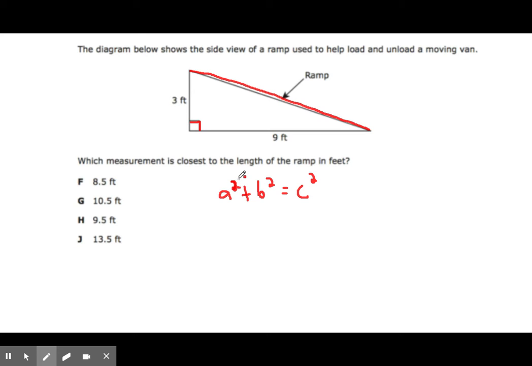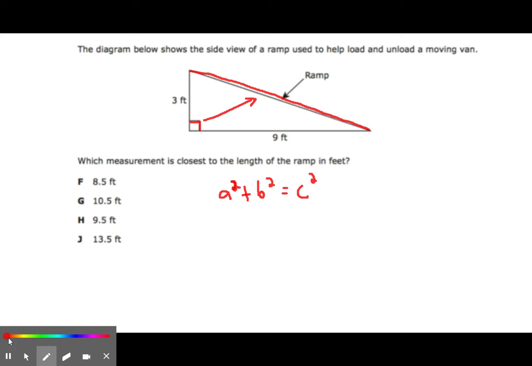Remember, your hypotenuse is the longest side on your right triangle. It is also the side that is opposite your right angle. So if you go to your right angle and you draw an arrow that points away from that right angle, that arrow will point directly to your hypotenuse. So here's my hypotenuse here, right?